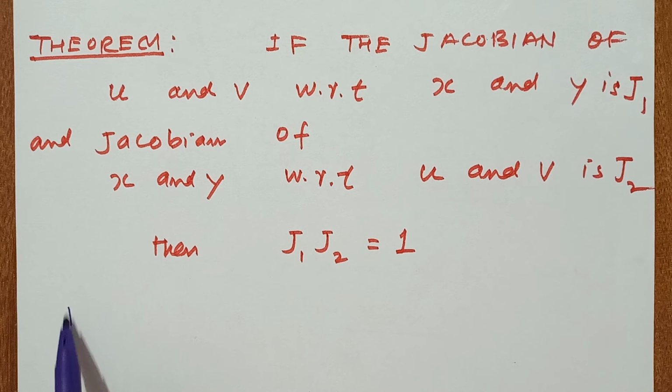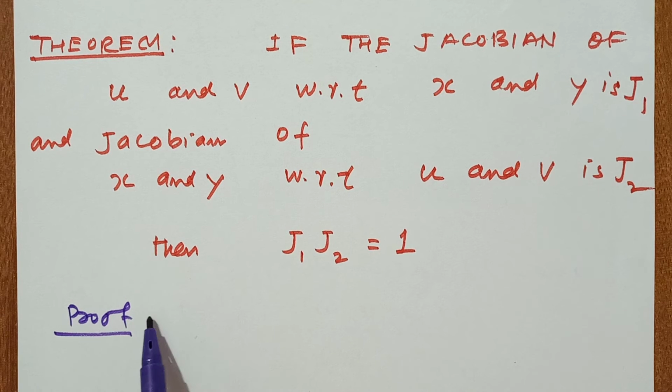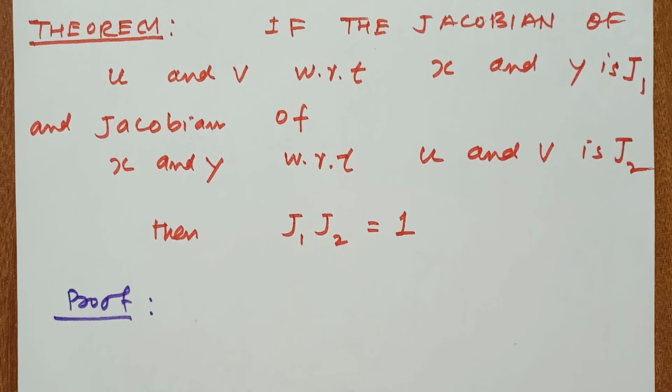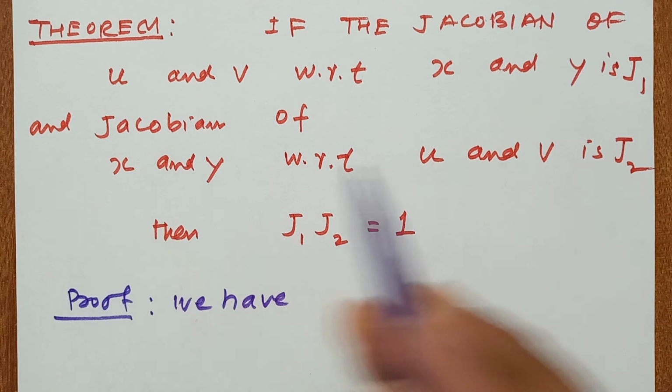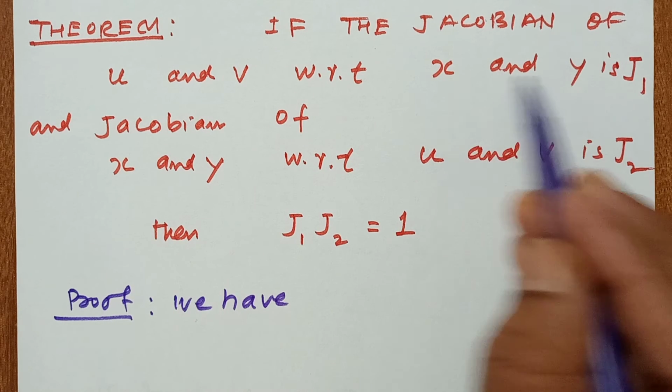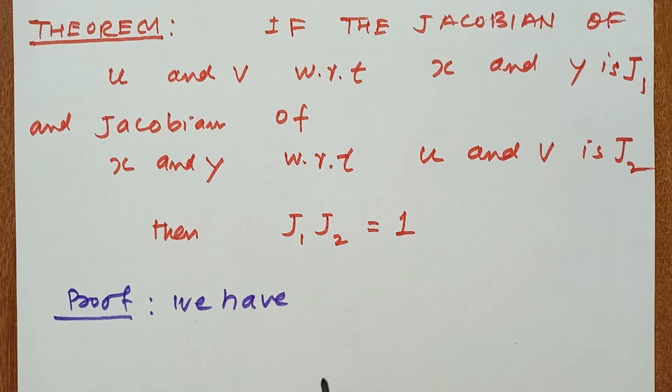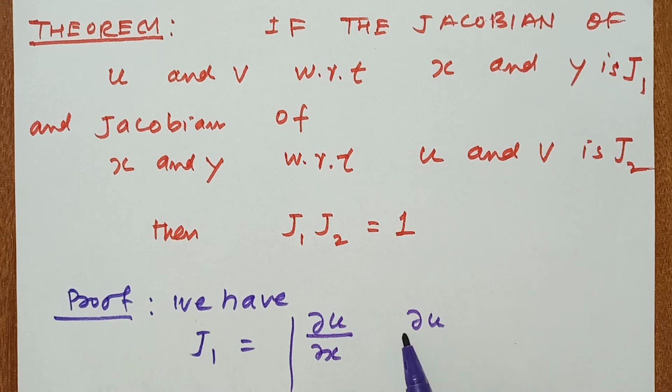Okay, so the proof is very easy, means we will use the definition of Jacobian of functions of two independent variables. If u and v are functions of two independent variables x and y, then Jacobian J1 is equal to del u upon del x, del u upon del y, and del v upon del x, del v upon del y.